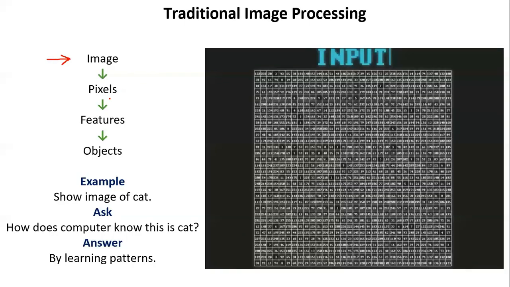From those pixels, features are extracted, then objects are identified. For example, we are showing an image of a cat. Then we can ask, how does the computer know this cat? The computer learns the cat by learning the patterns and features from the image. So that is traditional image processing.